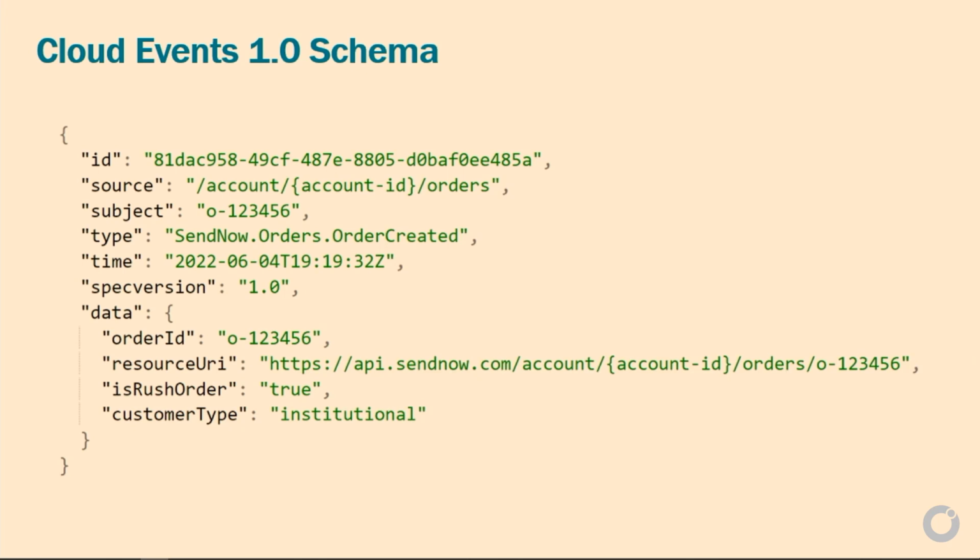This is an example of the Cloud Events schema specification. That is what Event Grid supports. You see the first 6 attributes, we call them context attributes. You see the type, the event type, in this case, an order created. The time, which is the time at which the order was created.